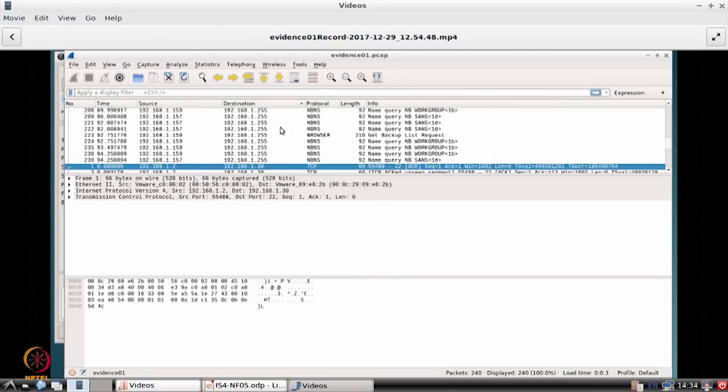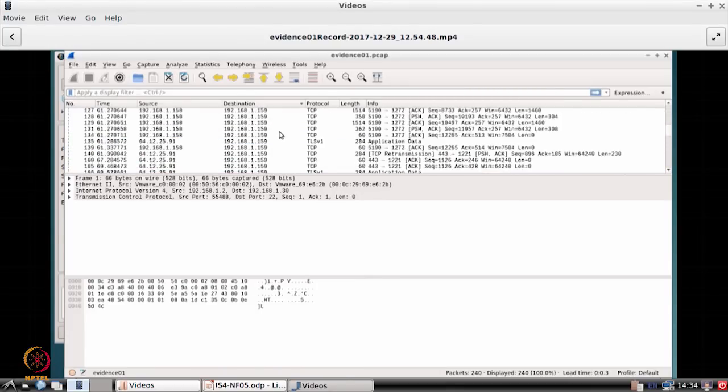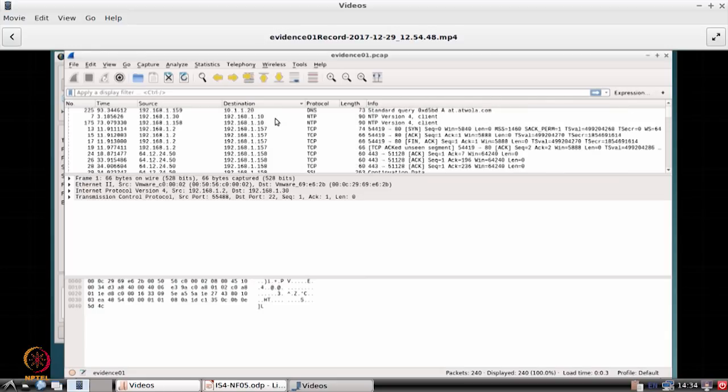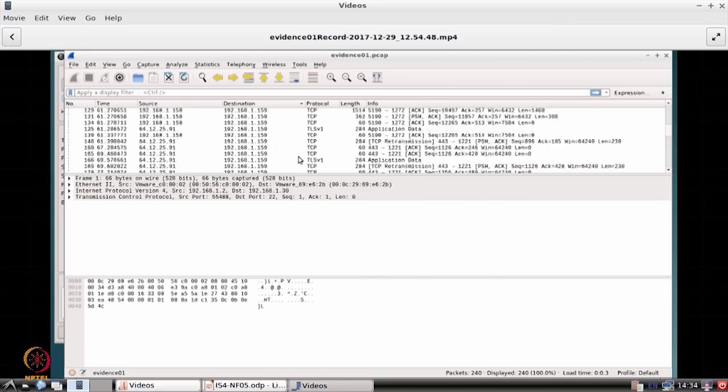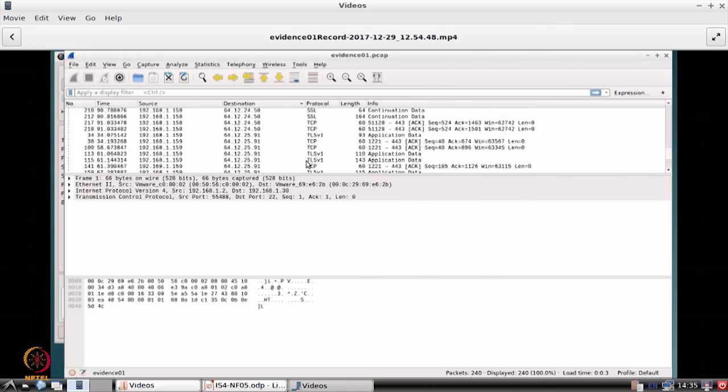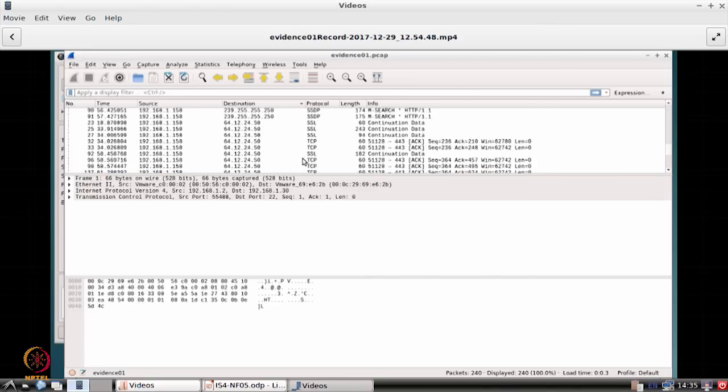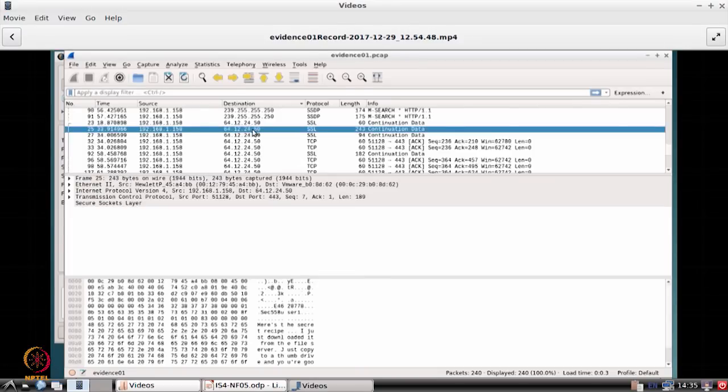We will sort according to destination and try to find where this particular destination is, which was the 64.12.24.50 address, and once we go into this, we seem to be very lucky here.